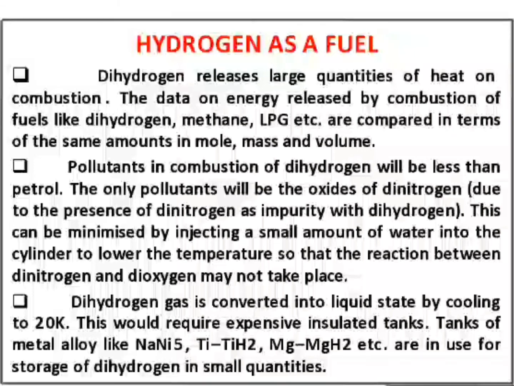So these are the alloys which are used for making insulated tanks. Okay, and in these insulated tanks we can store dihydrogen with safety. Okay, so here, hydrogen as a fuel.